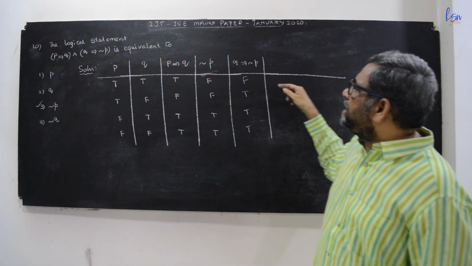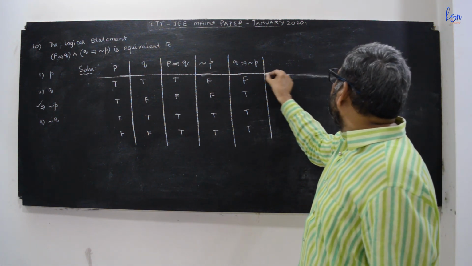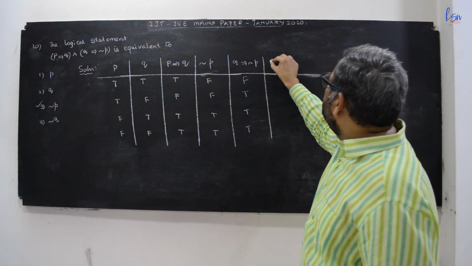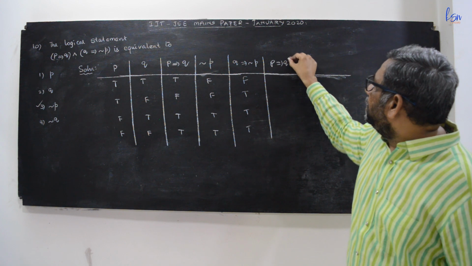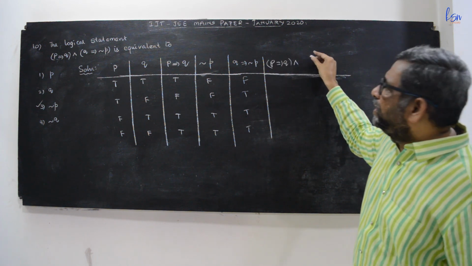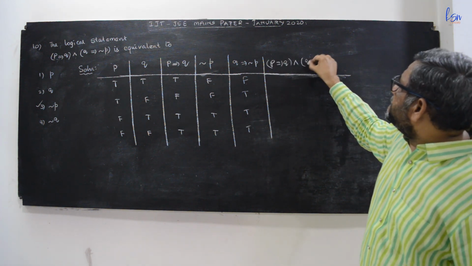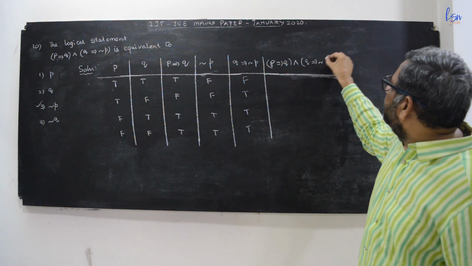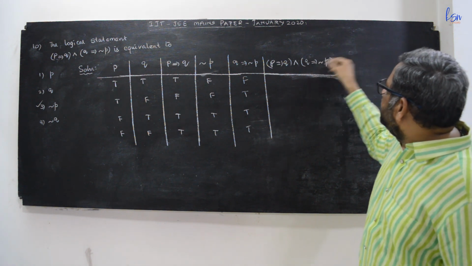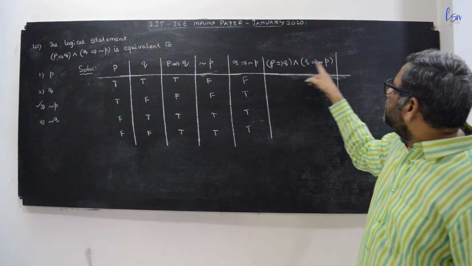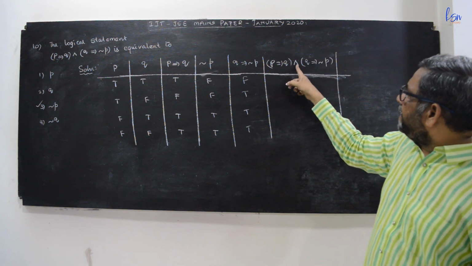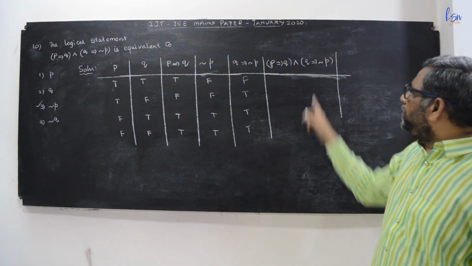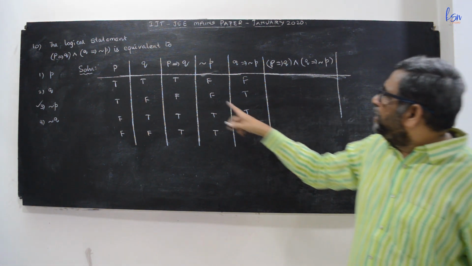The last one in the truth table is P implies Q and Q implies negation P. Here there is an and between the two statements. So there is a conjunction. So if both are true, then only it is true. Otherwise it is false.